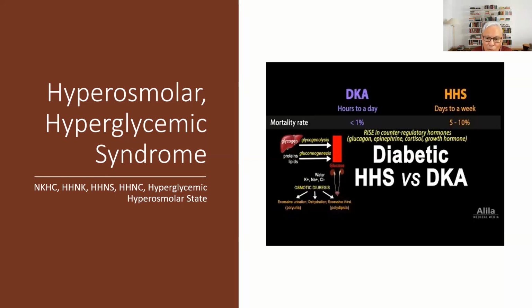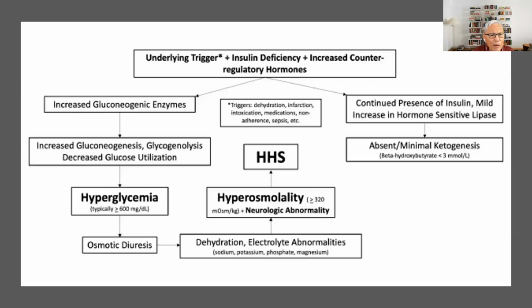But the term that we agree on now is HHS, which is hyperosmolar hyperglycemic syndrome. A syndrome is a collection of symptoms. So what exactly is happening whenever we have hyperosmolar hyperglycemic syndrome?